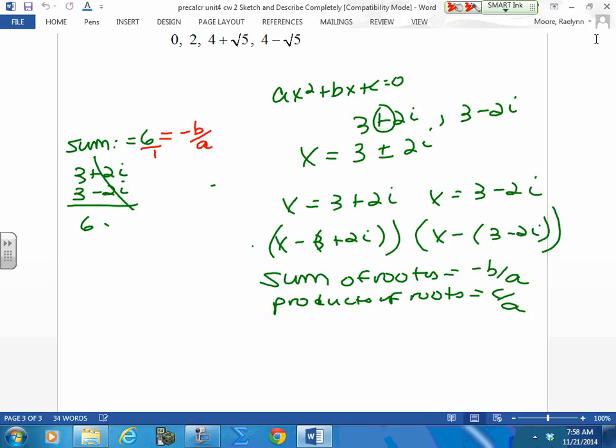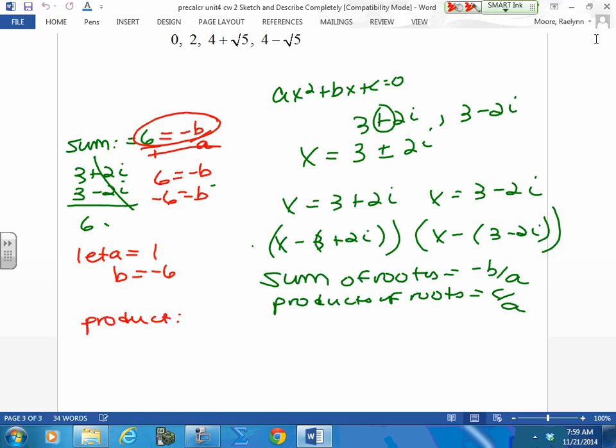So to start this, because we have two variables and we can only solve for one, we say let a equal 1. When a is equal to 1, then this 6 is equal to -b. So what's b equal to? -6. So therefore b is -6. Okay?